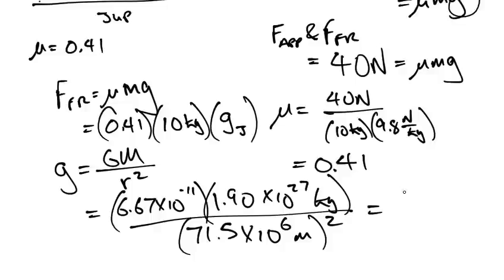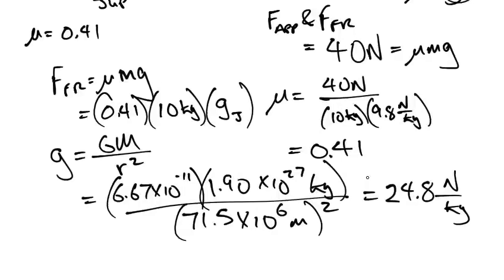I'm getting a gravitational field strength of 24.8 newtons per kilogram. How does that compare to 9.8? Well, significantly larger. You definitely have to be a lot stronger to live on Jupiter, if you could live there.